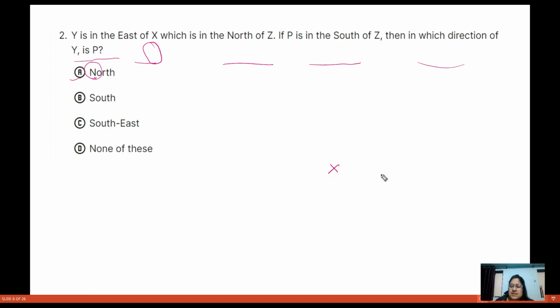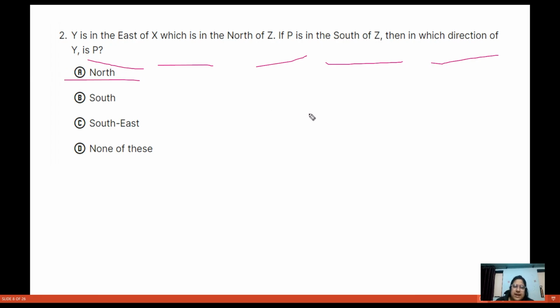So we have x, and this will be east, this will be north if he is facing this side, this will be west, and this will be south. Now y is in the east of x, so we'll mark y here, which is in the north of z.